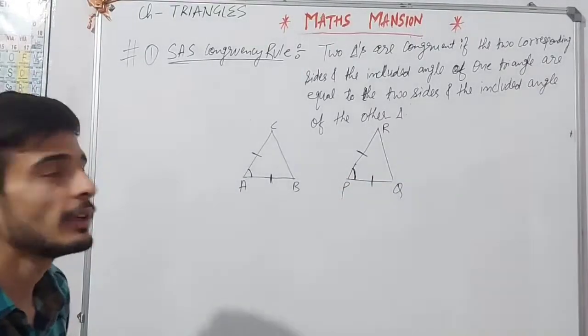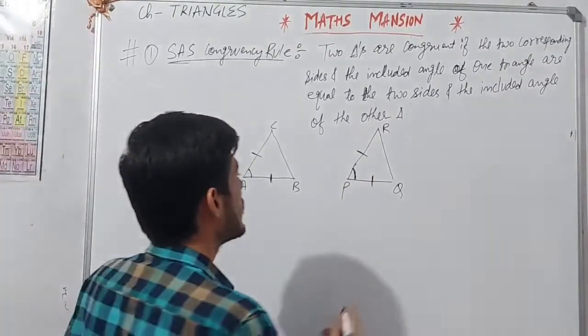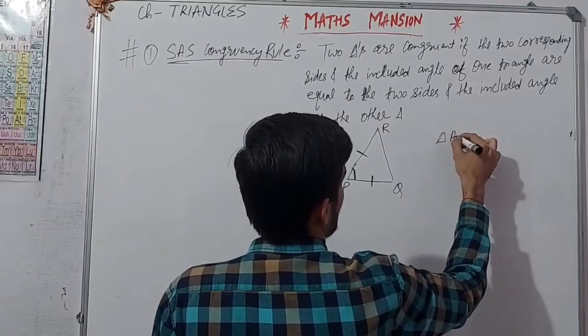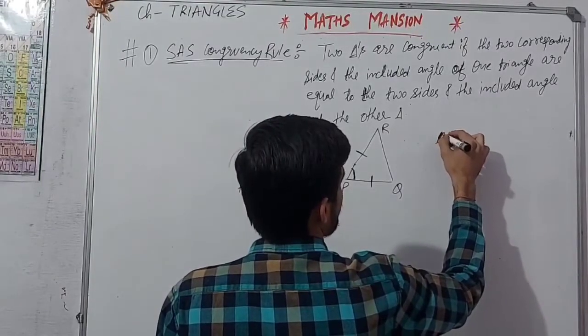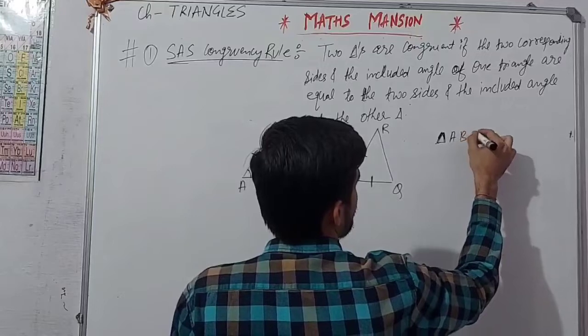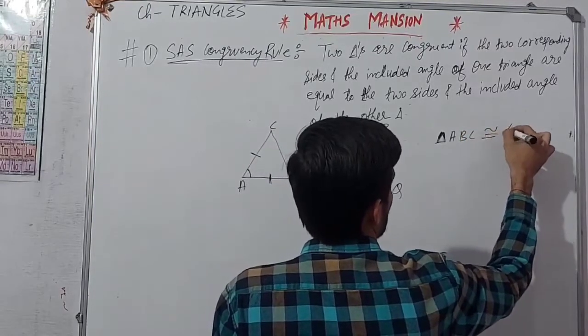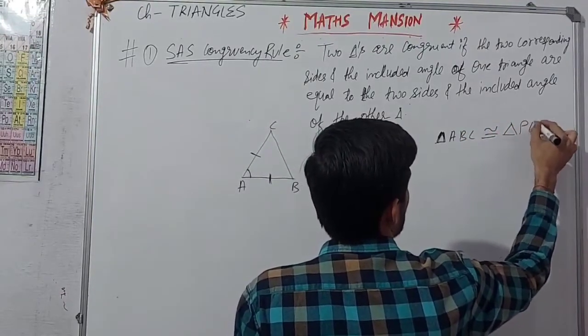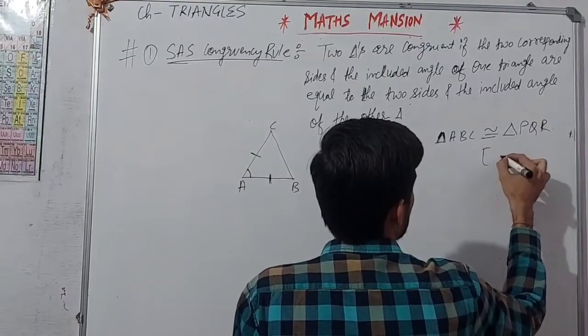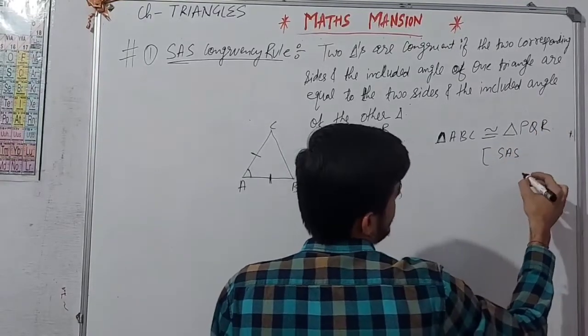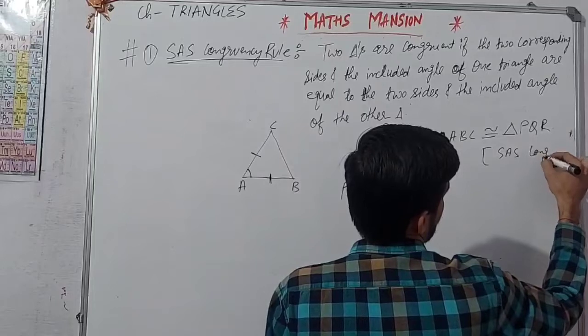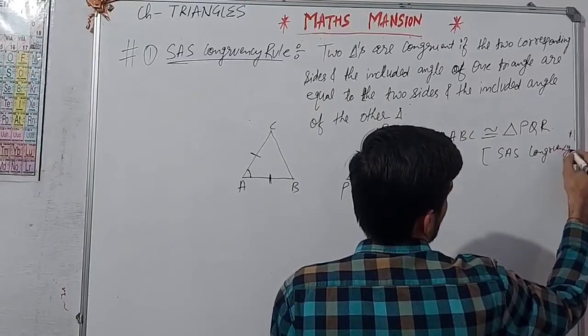Then only we can say that triangle ABC is congruent to triangle PQR by SAS congruency rule.